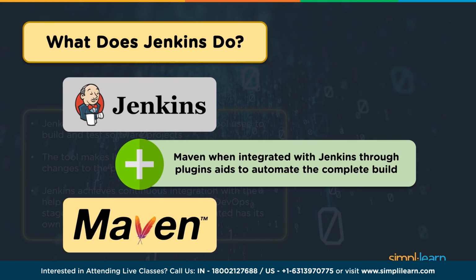So in Jenkins you have to install the Maven plugin, and once the plugin is installed, you can proceed with the configurations and the setup. This plugin can help you to build some of the Java based projects available in Git repositories, and once that is done you will be able to process a complete integration of Maven within Jenkins.